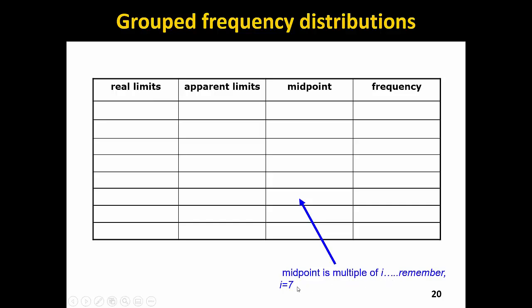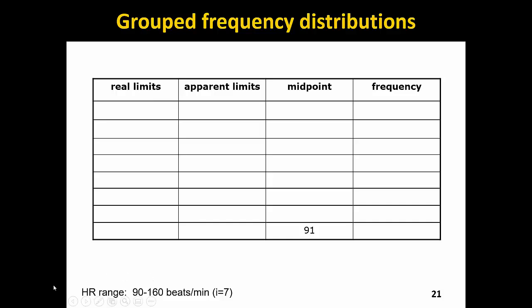Remembering that the interval width here is 7, so 7 values will fall within the apparent limits. The real limits will be set a little bit later when we add 0.5 on the high end and subtract 0.5 on the low end. Also recall what our range is: the lowest observed value is 90, the highest observed value is 160, with an interval width of 7.